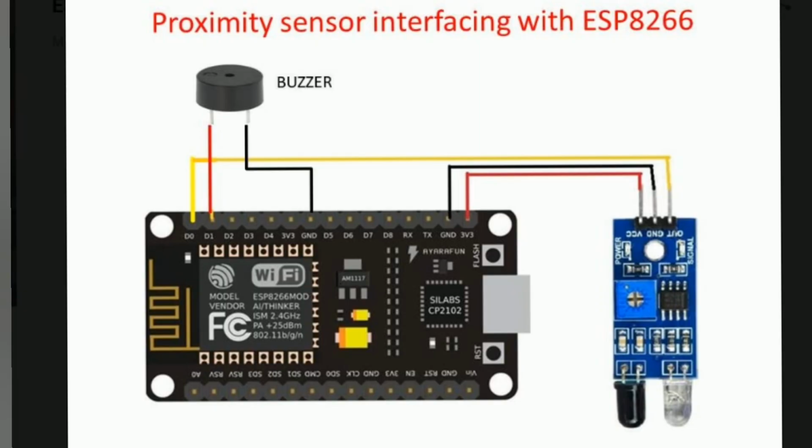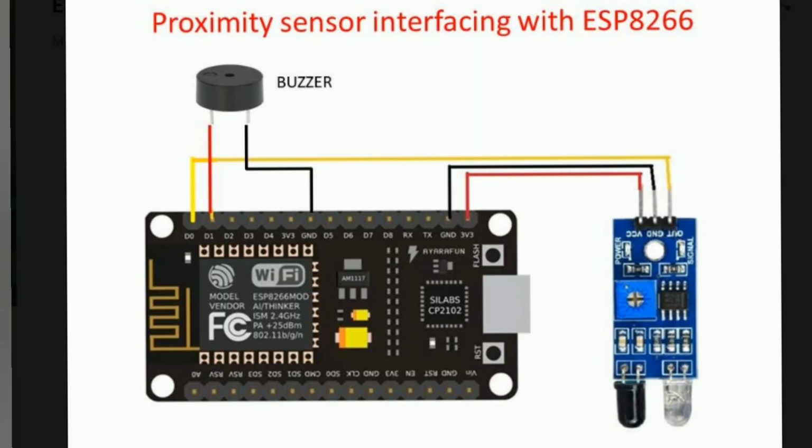This is the circuit diagram of IR sensor interfacing with ESP8266. Here you can see the out pin of the IR sensor is connected to D0 pin of ESP8266 and ground and VCC pins are connected to ground and 3.3 volt terminals of the ESP.